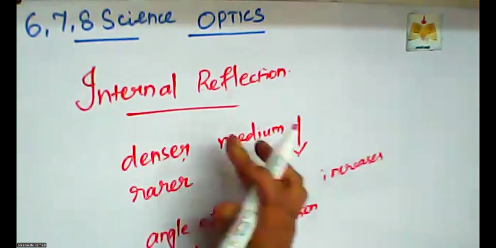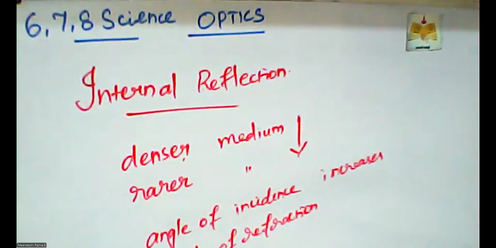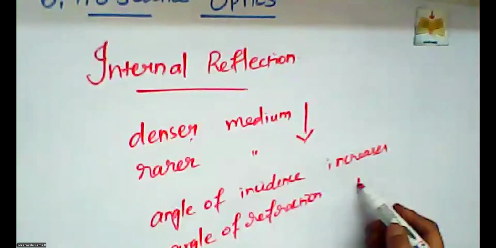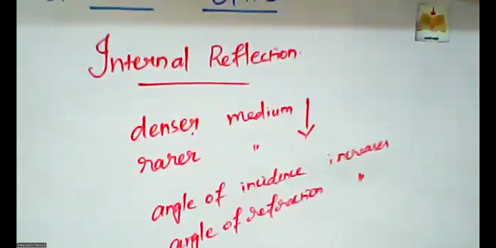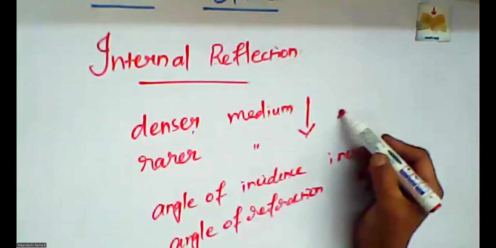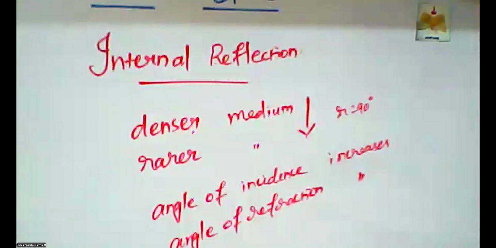So in the internal reflection concept, when the angle of incidence increases, the angle of refraction also increases. Its maximum value is 90 degrees. That particular value of the angle of incidence is called the critical angle. So the critical angle is the angle at which we get internal reflection when we pass light in this area.